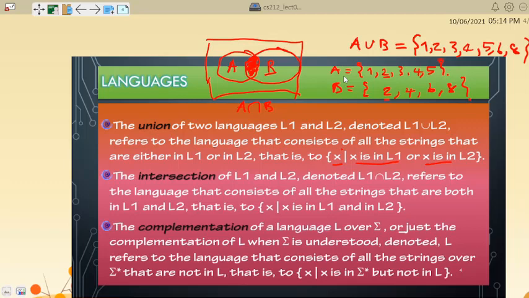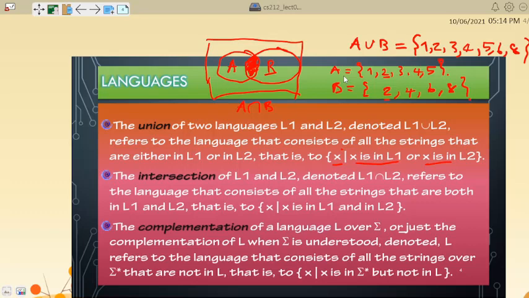If we look at the Venn diagram here, if this is A and this is B, A intersection B means the elements that are in both A and B. This is the intersection.